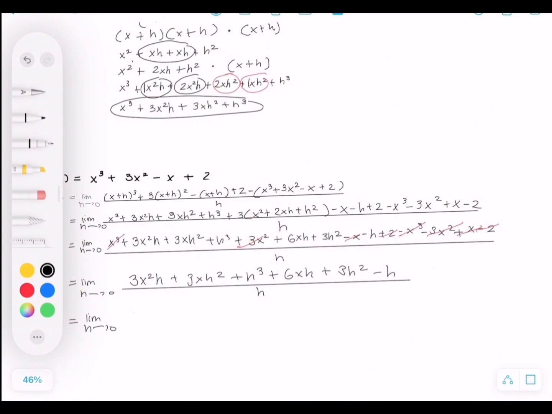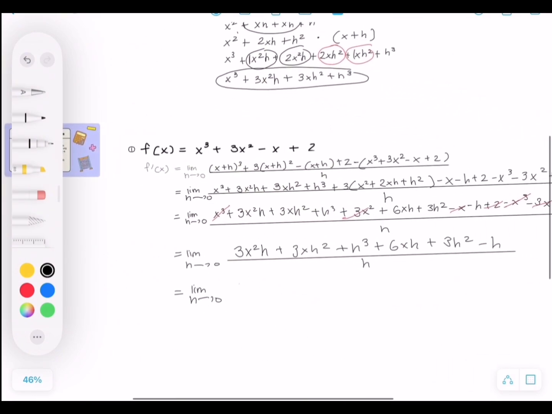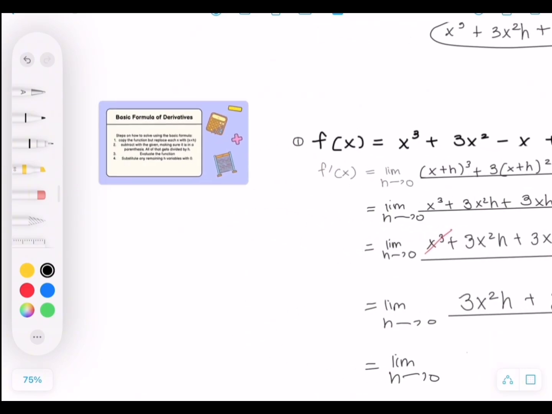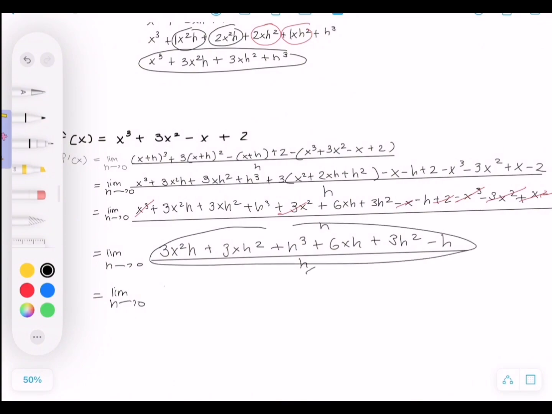So now, since we're done evaluating, we will now move on to the last step. I mean, not yet. We will still have to divide everything here by h.